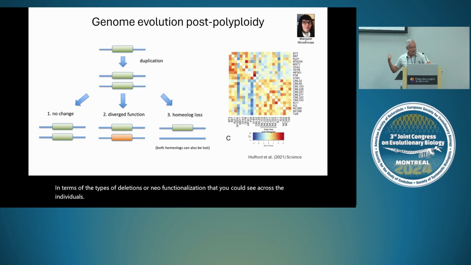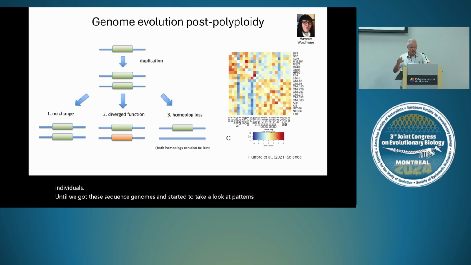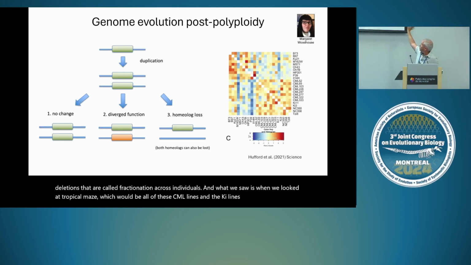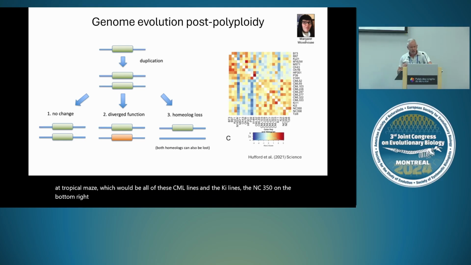Until we got these sequenced genomes and started to take a look at patterns of these deletions that are called fractionation across individuals. And what we saw is when we looked at tropical maize, which would be all of these CML lines and the KI lines, the NC350 on the bottom right there, they shared a lot of these deletions within the tropical population. And then when you compare temperate lines to other temperate lines, they shared a lot of the deletions.